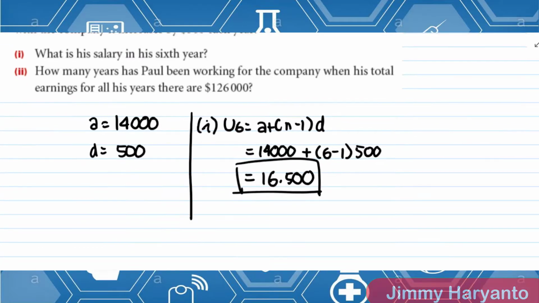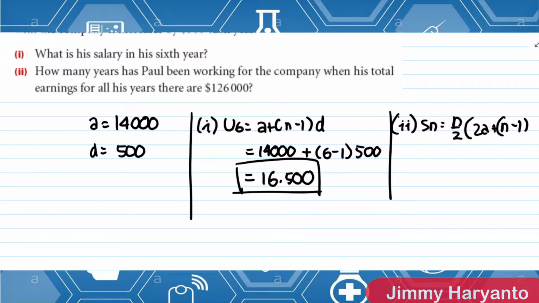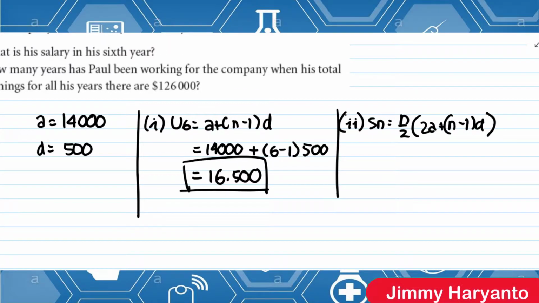And then how many years after Paul has been working for the company when his total earning for all his years is 126,000? So Sn. The second one is Sn equals n over 2 in the bracket 2a plus (n minus 1) times the difference.